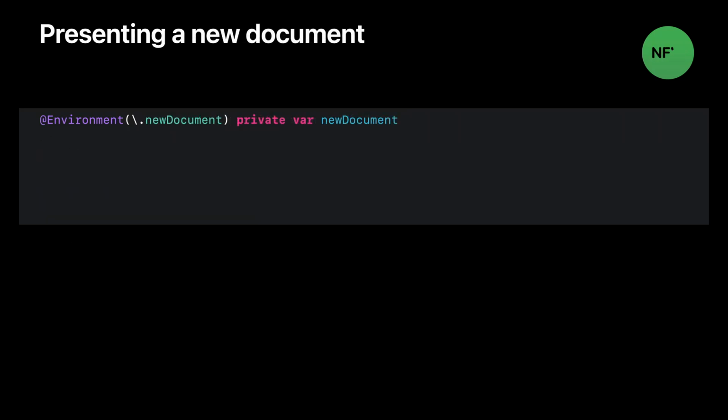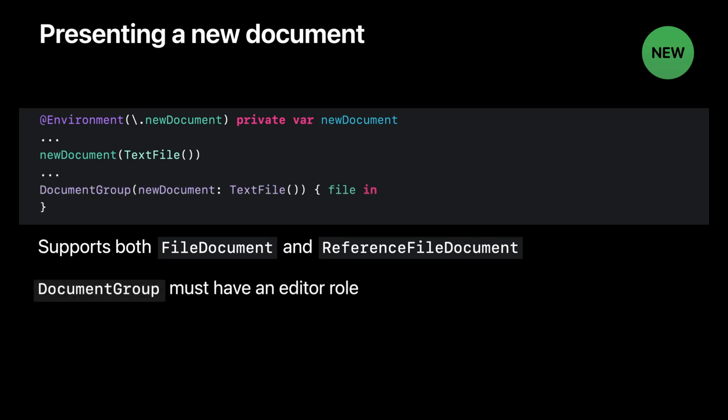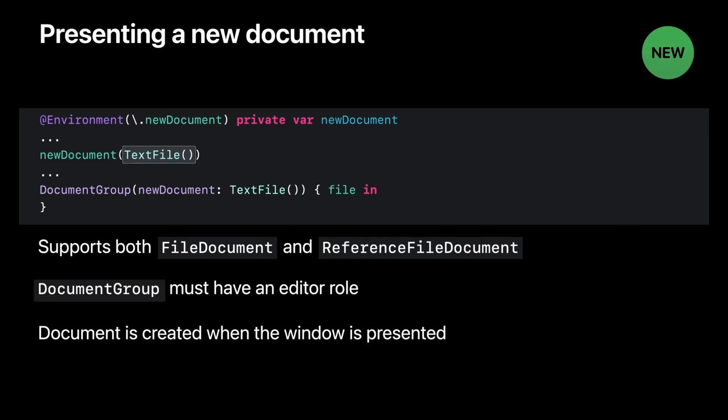There are also two callable types in the environment for presenting document windows. New Document Action, which supports opening new document windows for both file documents and reference file documents. This action requires that the corresponding document group in your app is defined with an editor role. The document provided to this action will be created each time the window is presented.